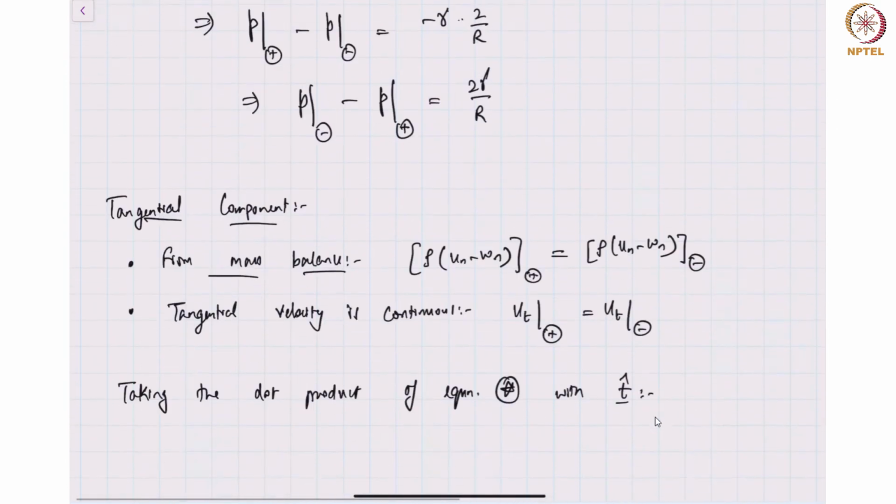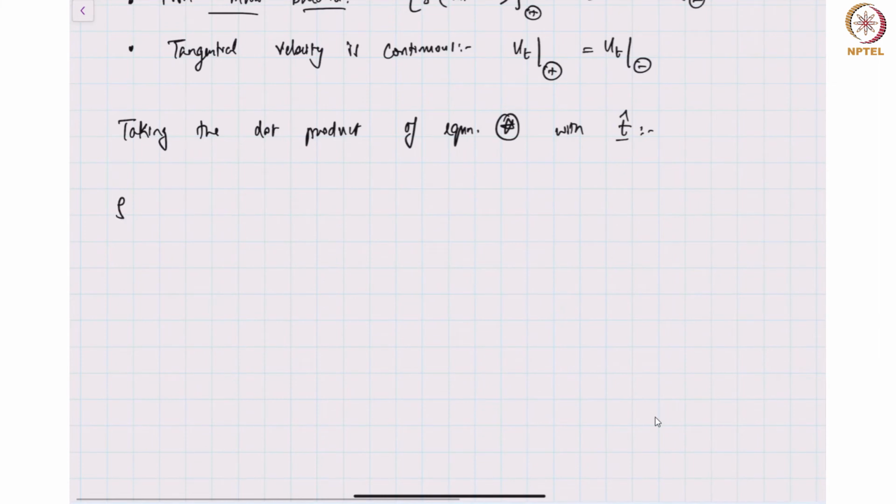So I have density times un minus wn times u dot t, where un minus wn is just the normal component, n dot u minus w. Then I have minus n dot sigma dot t.